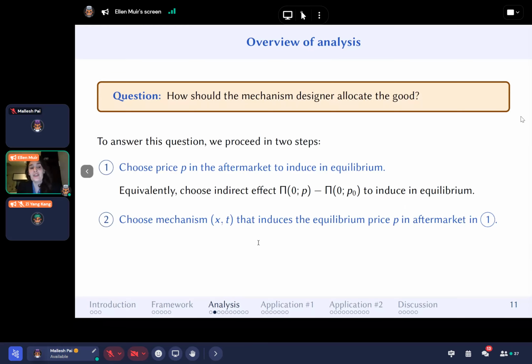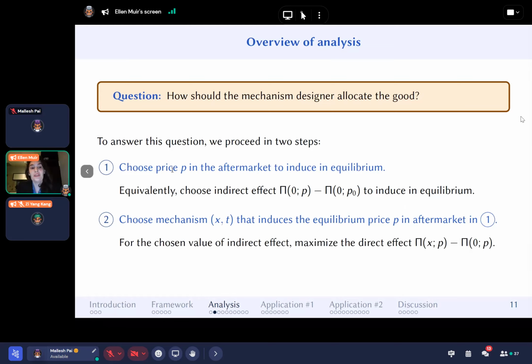And the second stage is that we want to choose the best mechanism, or the optimal mechanism from the perspective of the designer, subject to the constraint that the equilibrium price P in the aftermarket is consistent with our desire to choose this specific price P to induce in the aftermarket.